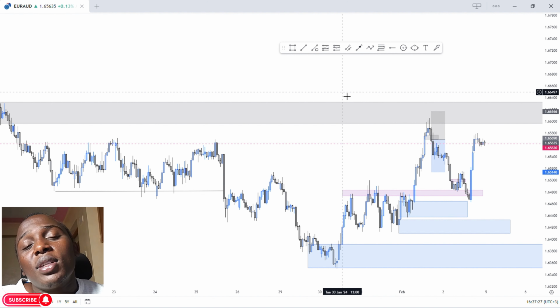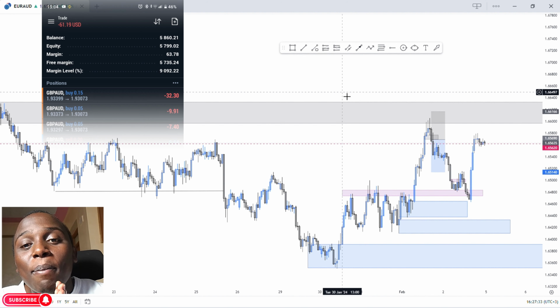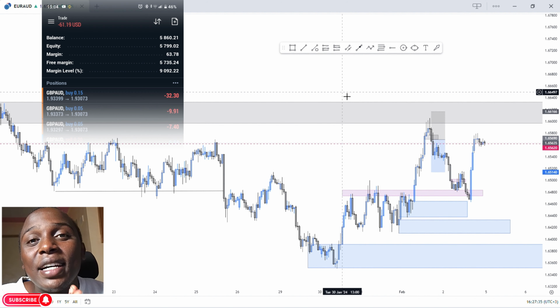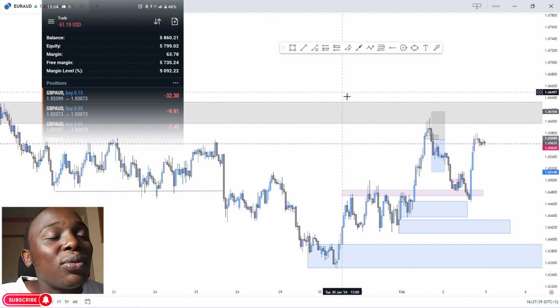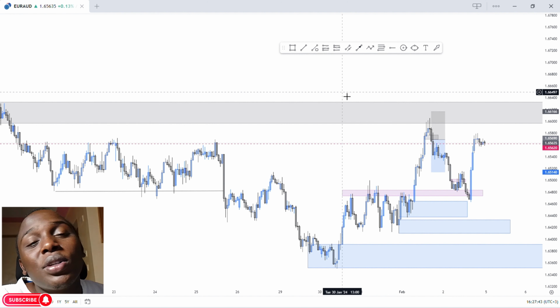So let's go to the GBP Australian dollar and see what went on, because that trade was a loser and I did double my risk. I usually risk 0.5% of the account, and 0.5% is $30, and this round I decided to risk $60 because it was a breakout trade, and breakout trades tend to have a nice risk reward.